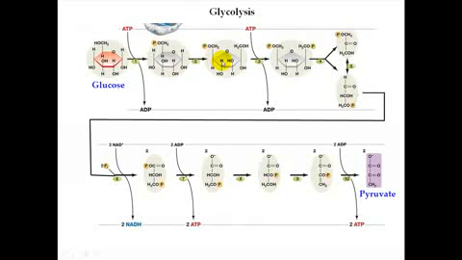Here 4 of the carbons are found within the ring structure, and then you have 2, this one and this one, outside. It turns out that this is a molecule of fructose. This is a molecule of glucose. So during this first phase of glycolysis, glucose gets converted into fructose before it gets 2 phosphate groups on it.